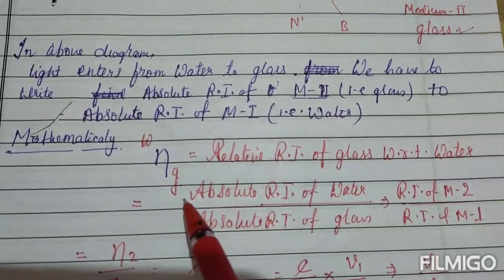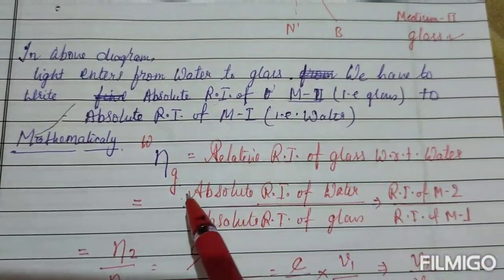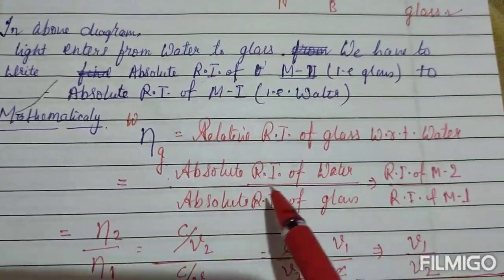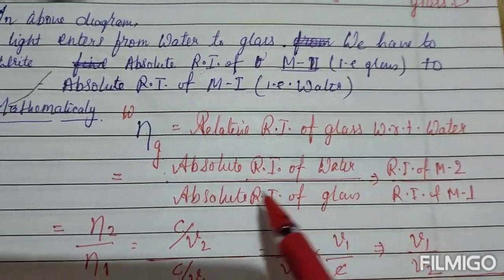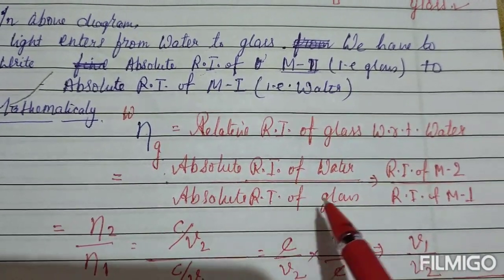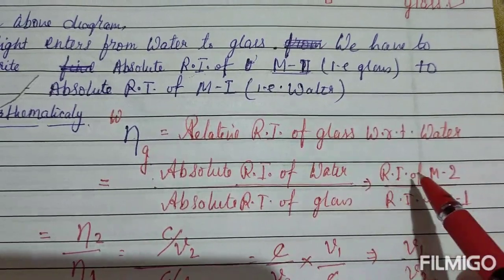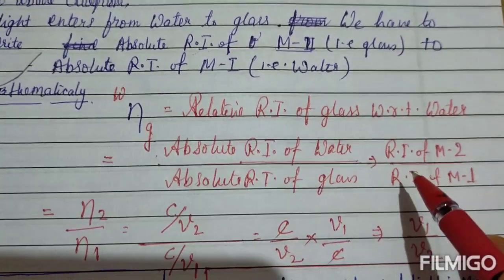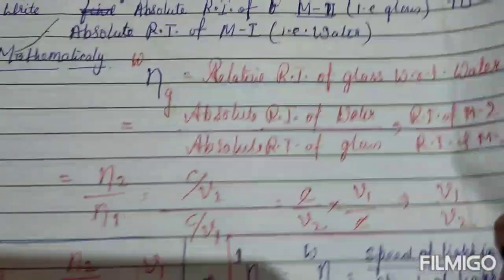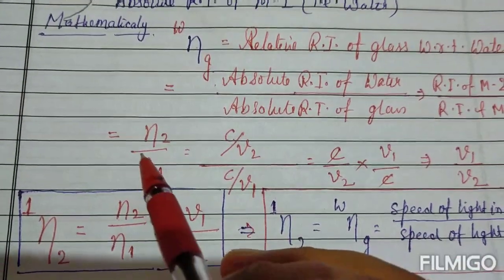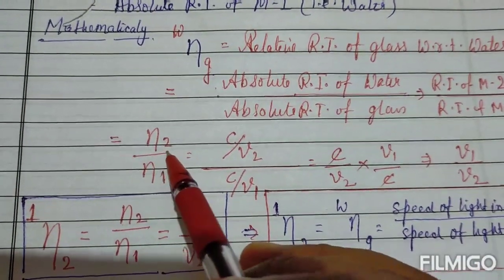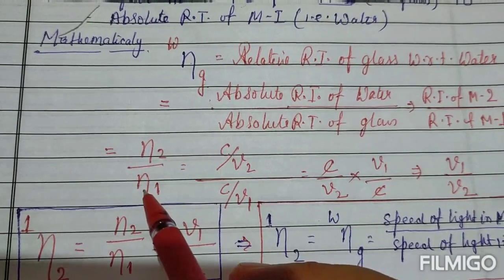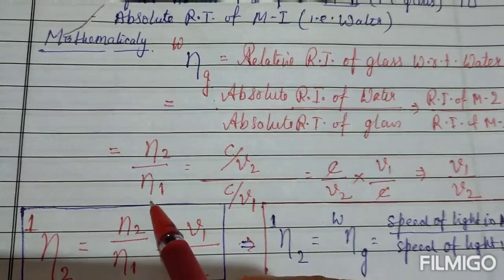From the above definition, it is written as absolute refractive index of glass to absolute refractive index of water. That is RI of medium 2 divided by RI of medium 1. RI of medium 2 is nu 2 and RI of medium 1 is nu 1.